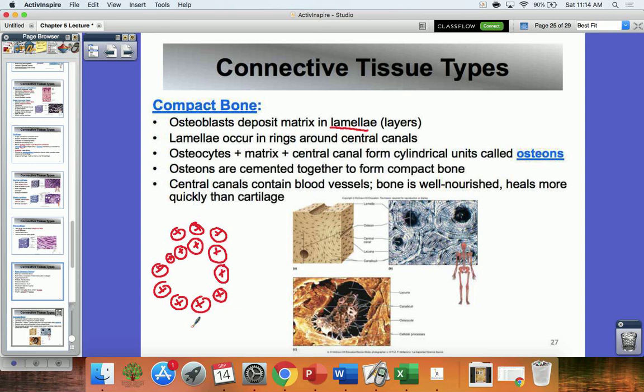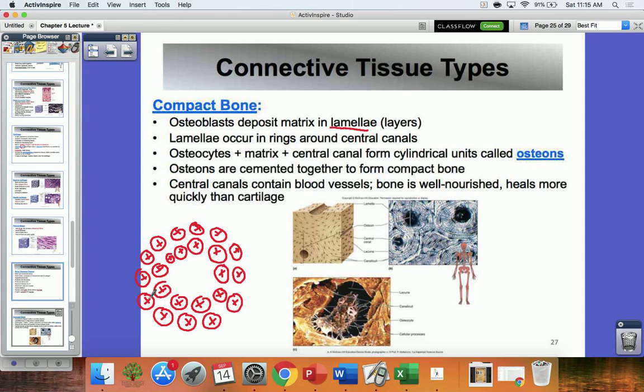Okay? And so as we have several layers of lamellae, which are these layers or these rings of the osteocytes inside of lacunae. So again, the lacunae were the circles that I'm drawing. The osteocyte is inside.